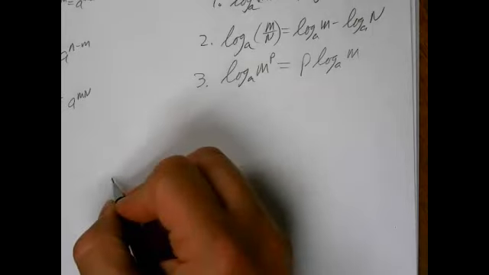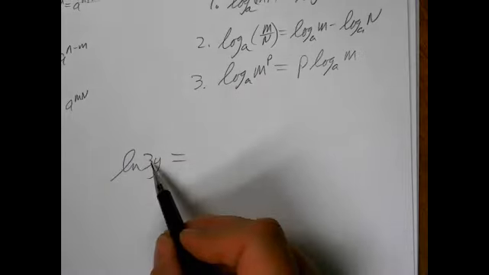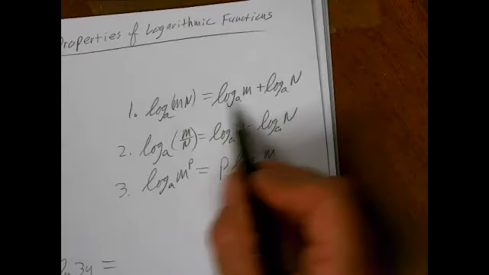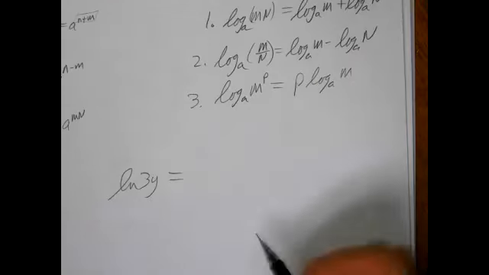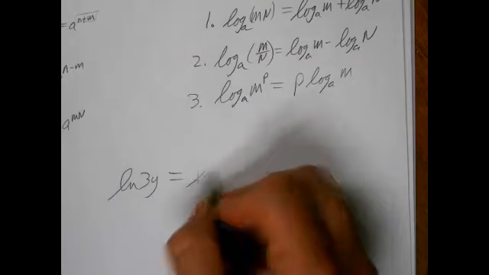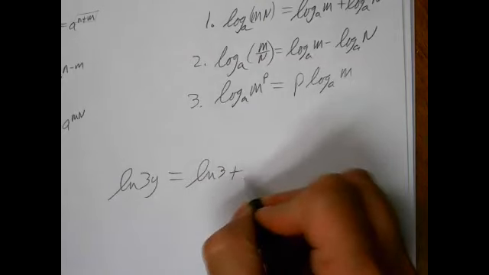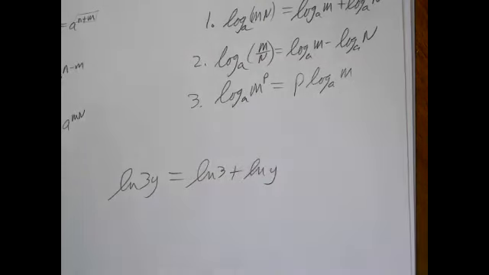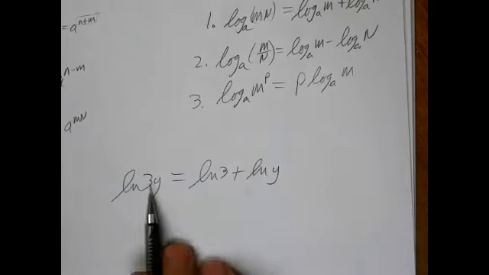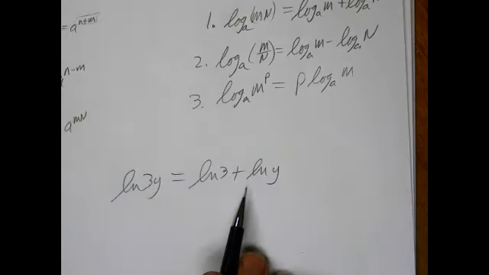All right, for example, if I had the natural log of 3y, since this is a product, products can become sums. So natural log of 3y is the same thing as natural log of 3 plus natural log of y. Here's a case of a product turning into a sum. Okay.